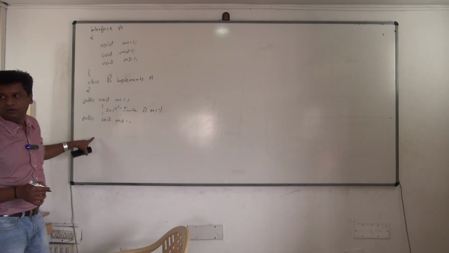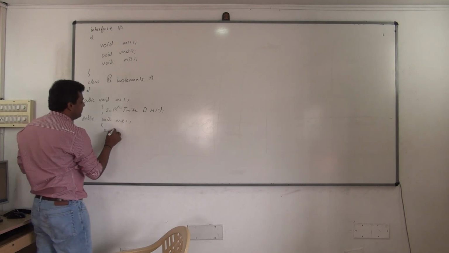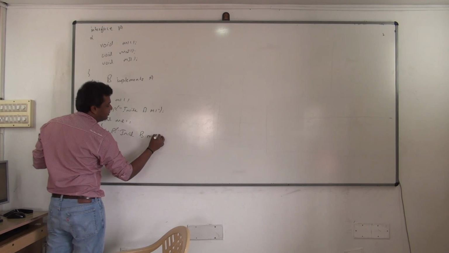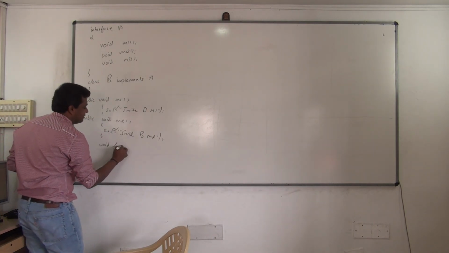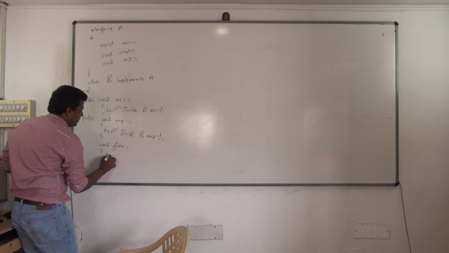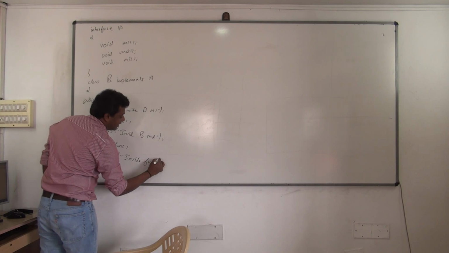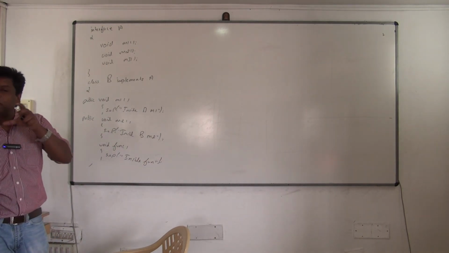But you have to compulsorily override with public. Understood? Public void M2, SOP inside B M2. So these are the two methods. Extra method also I'll write, void fun, SOP inside fun.